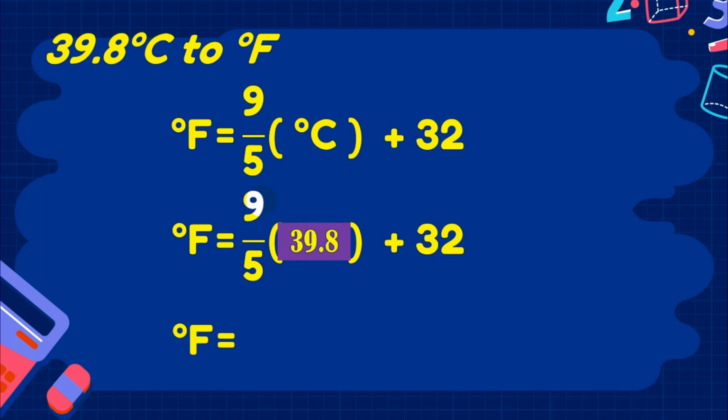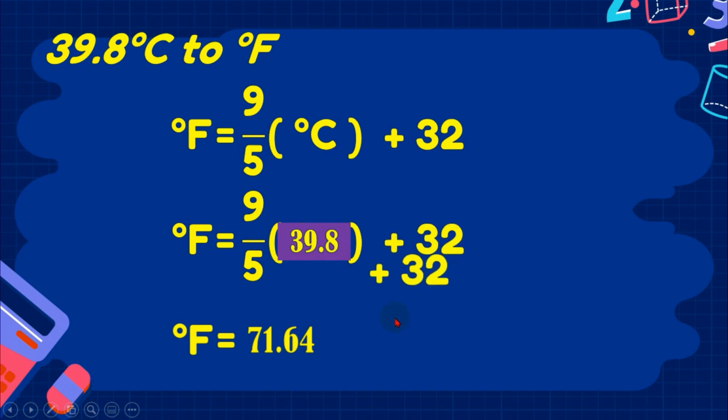And then, pindutin mo yung equals. Pag napindot mo yung equals, i-divide mo ngayon. Bakit tayo magdi-divide? It's because you have here an over, and over means you have a fraction. The operation is invisible, division. So, magdi-divide tayo by 5. So, that is 71.64. Yun na yun.